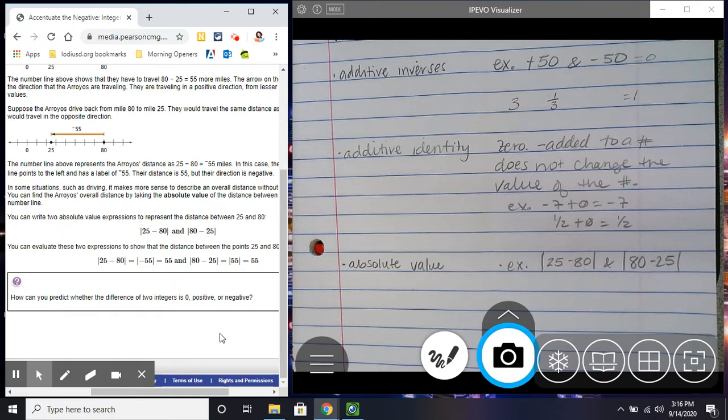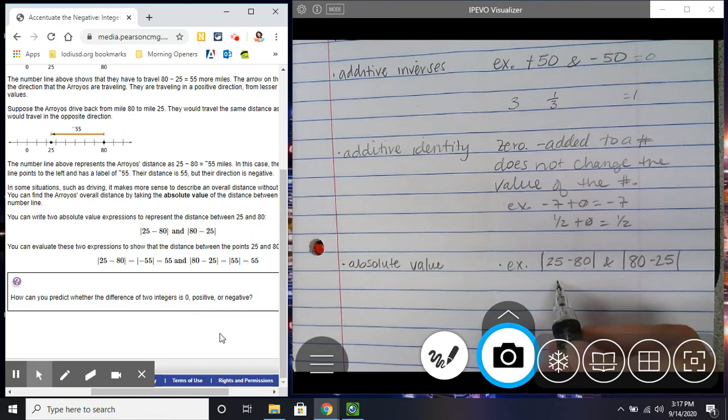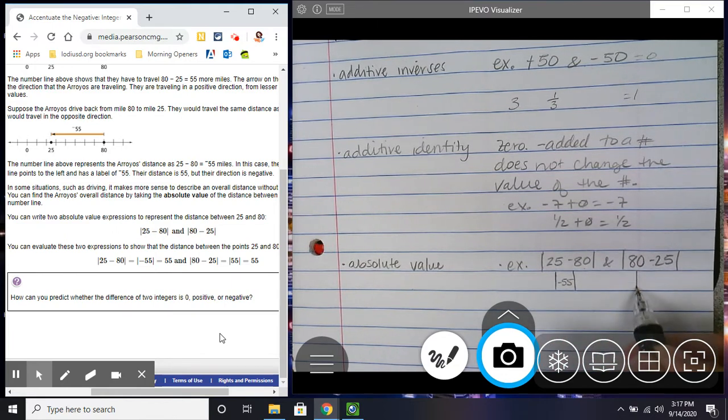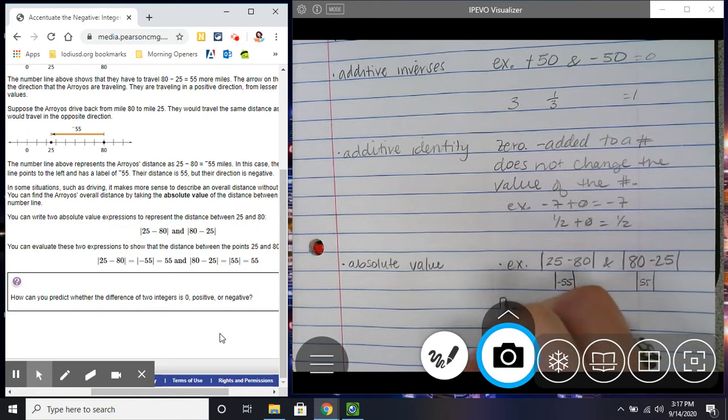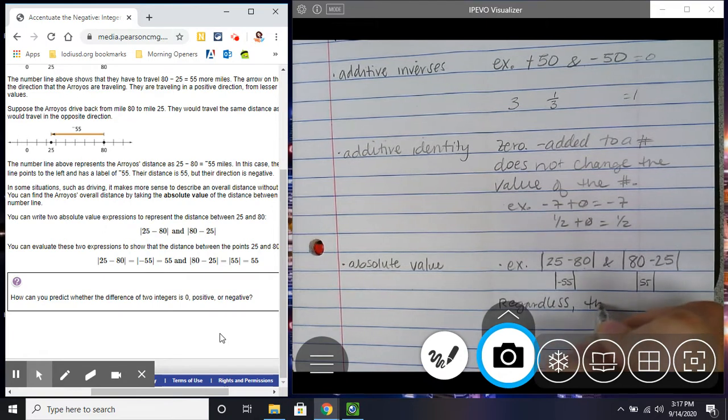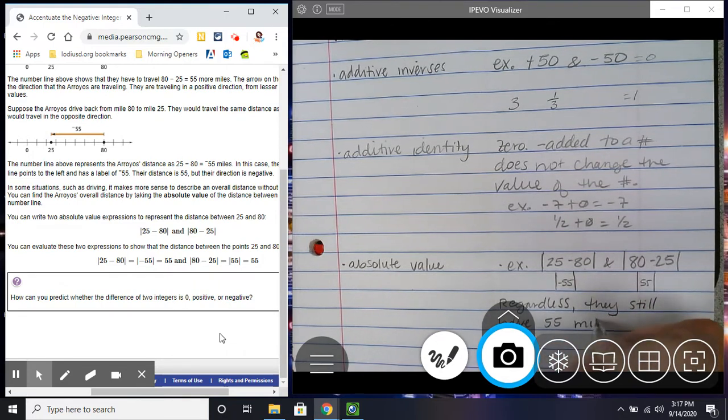So you can evaluate these two expressions to show that the distance between points 25 and 80 on a number line is 55. So this would be negative 55, and this would just be 55. But regardless, they still have 55 miles to go.